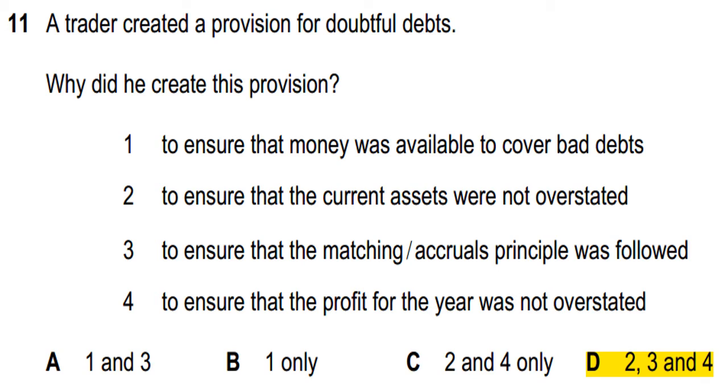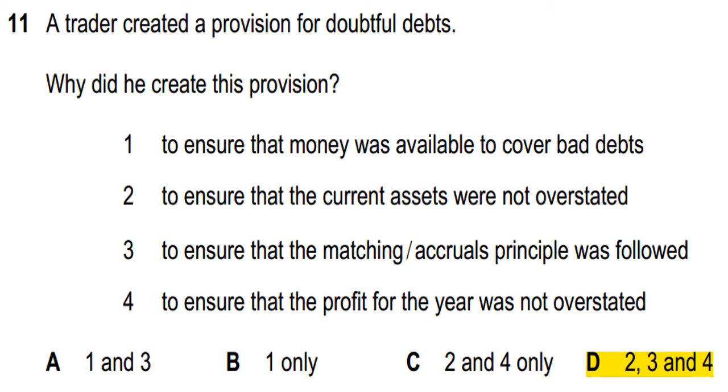So current assets will be decreased, and with provision for doubtful debt, it will not be overstated at the end of the year. And number 3, to ensure that the matching accrual principle was followed. So doubtful debt is an expense, so the expenses are recorded in the same year in which they are incurred.